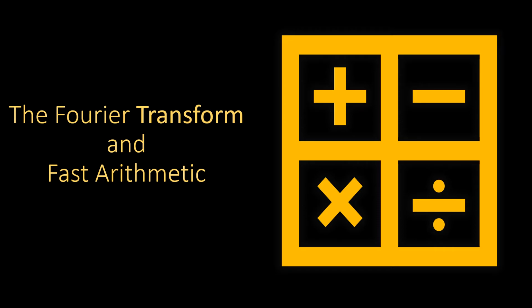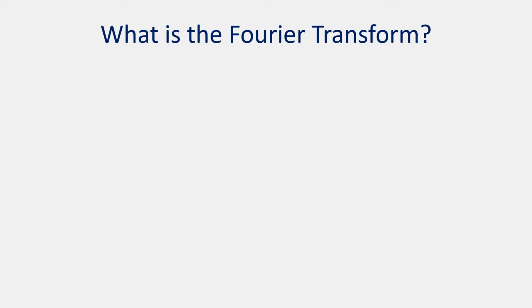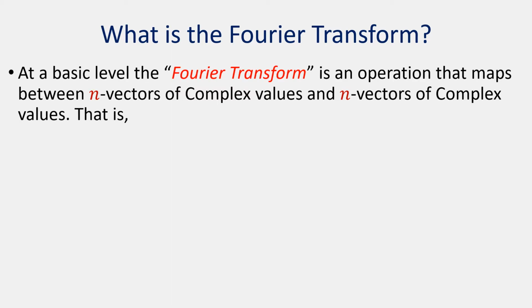So to start off with, what is this object? What is the Fourier transform? Well, in simple terms, it's just an operation that maps between vectors of complex numbers. So it will take one vector of complex values and it will return another vector of complex values.